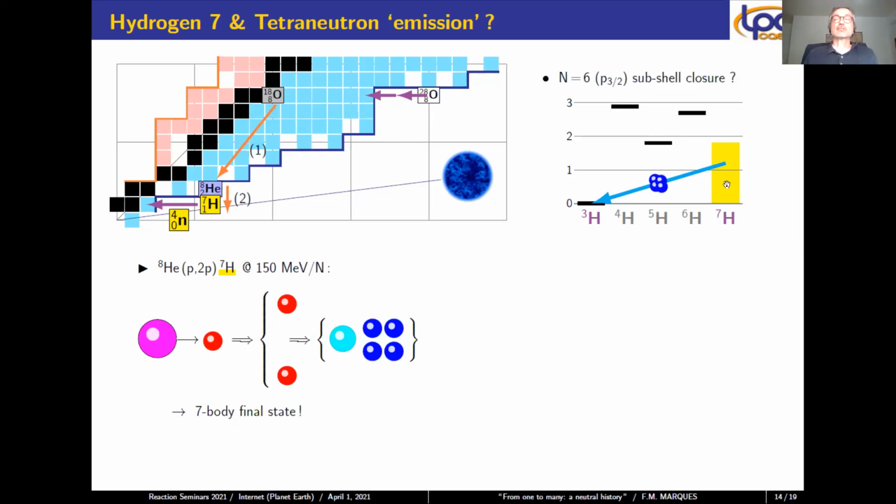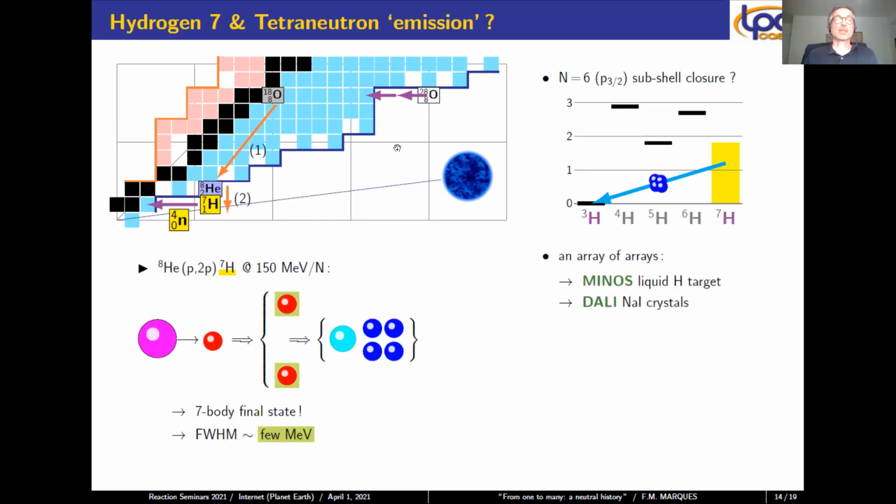In hydrogen-7, we expect the ground state to be about 1 MeV, so it's lower than the states in hydrogen-4, 5, and 6. So we should have a direct 4 neutron decay.